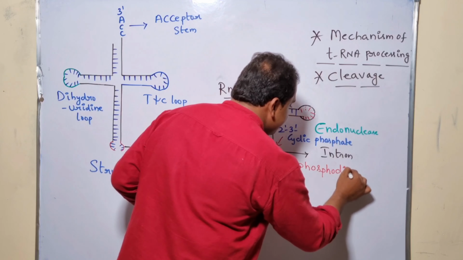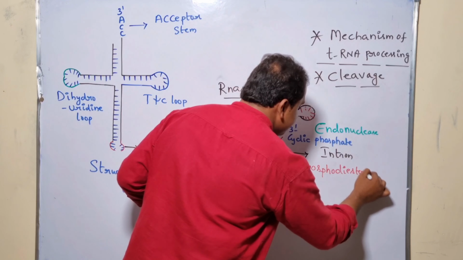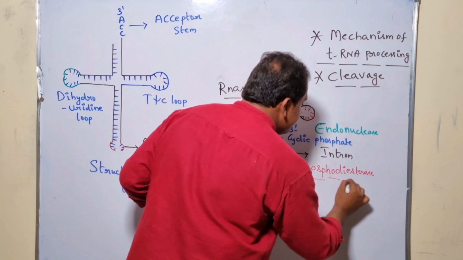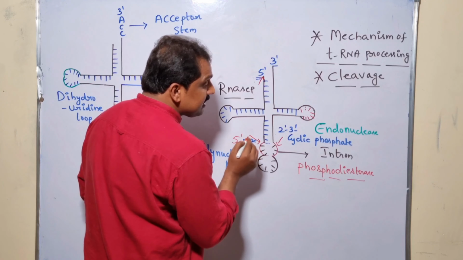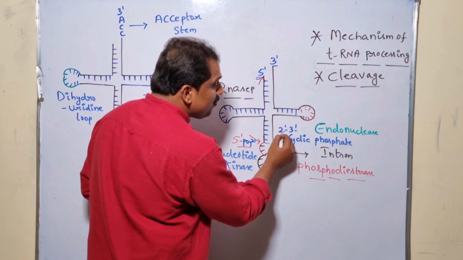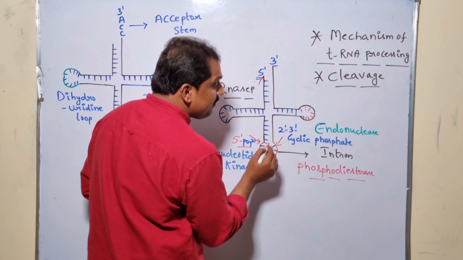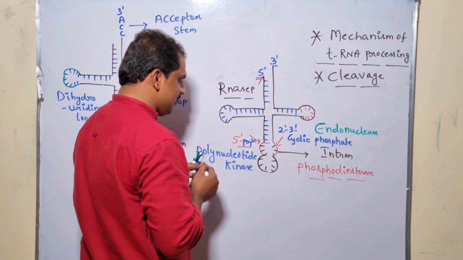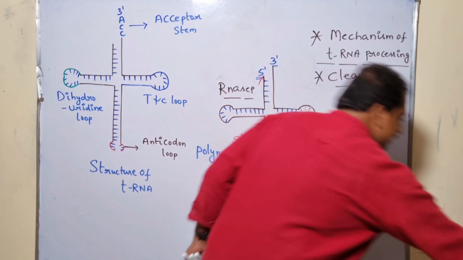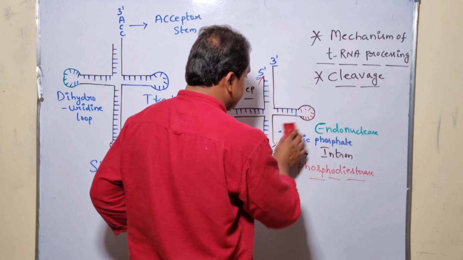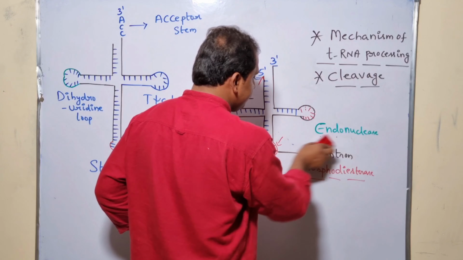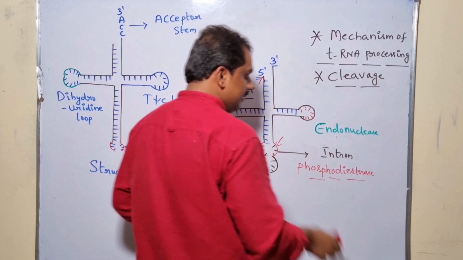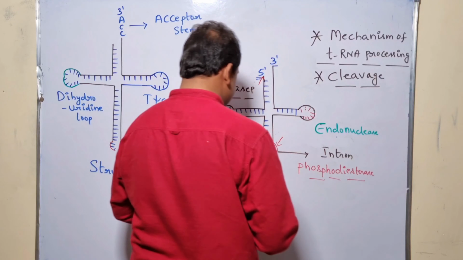So here the phosphodiesterase enzyme is responsible for the successful modification of the 2',3' cyclic phosphate moiety into the hydroxyl group. So let me write it here. 3' hydroxyl group.